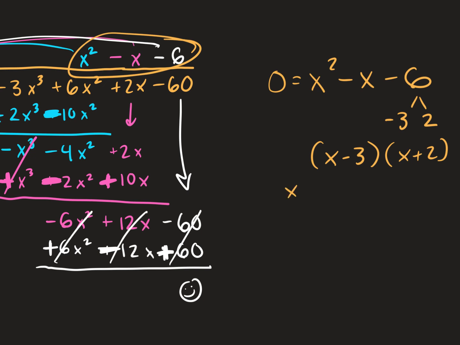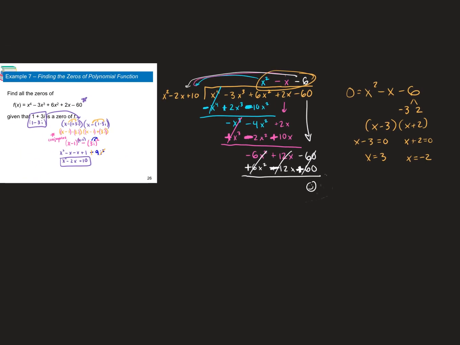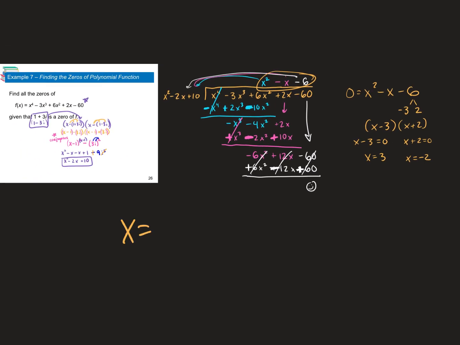Set them both equal to 0. So x is equal to 3 and x is equal to negative 2. So all of my zeros from all of this work that I just did are x is equal to 3, negative 2, and then the 2 that I started with, which is 1 plus 3i and 1 minus 3i.